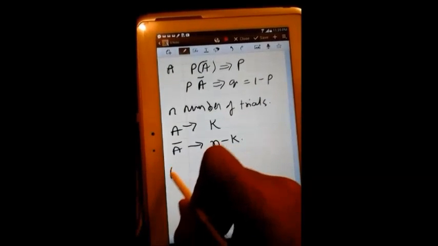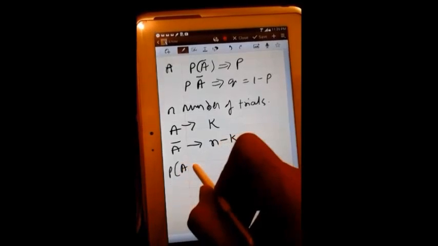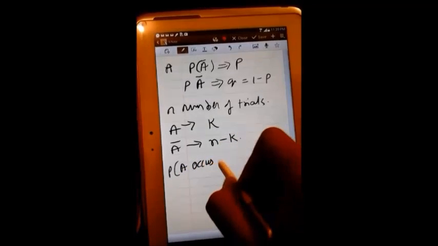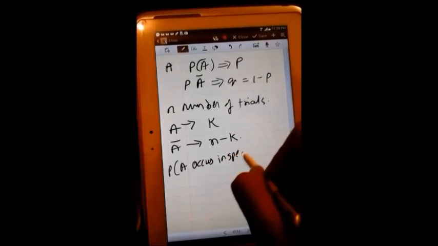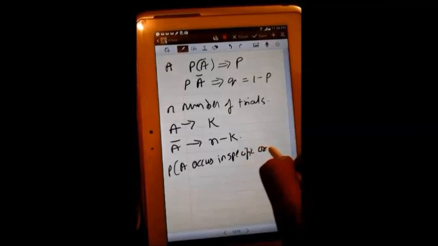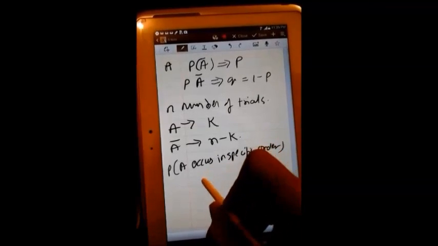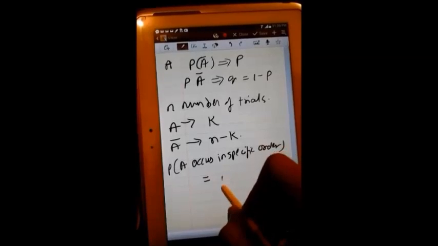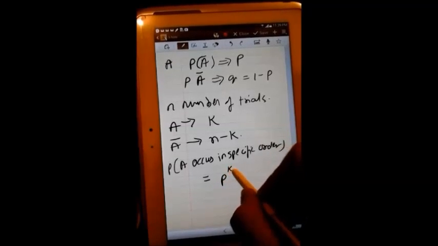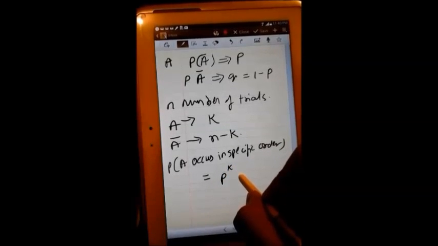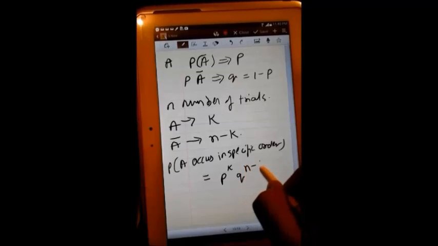Therefore, probability that A occurs in a specific order is given as P raised to k into Q raised to n minus k.